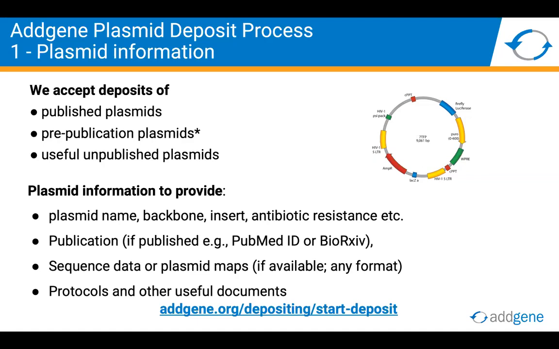One of the benefits of depositing pre-publication is that you can start the deposit process and get all of your information into Addgene's database, and also get the quality control done ahead of time. And then you have the option of putting it on hold, so that as soon as your paper comes out, these plasmids are immediately available to researchers through Addgene. And then, if you're really into the spirit of open and rapid sharing of materials, you are welcome to deposit useful unpublished plasmids.